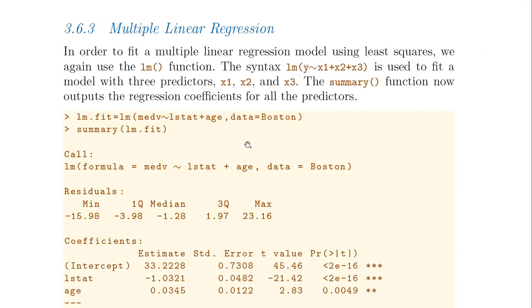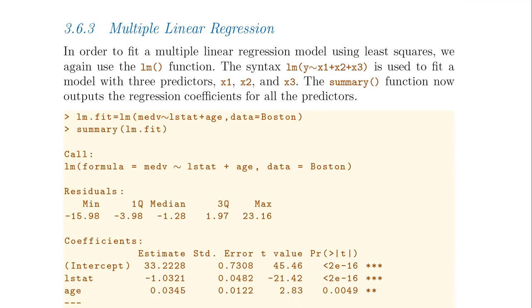In order to fit a multiple linear regression model using least squares, we again use the lm function. The syntax lm(y ~ x1 + x2 + x3) is used to fit a model with 3 predictors.